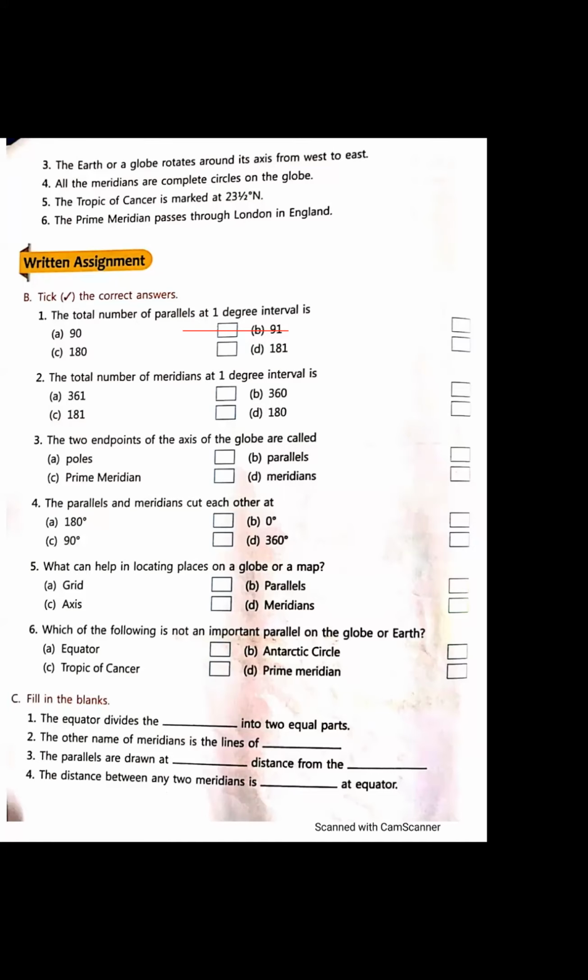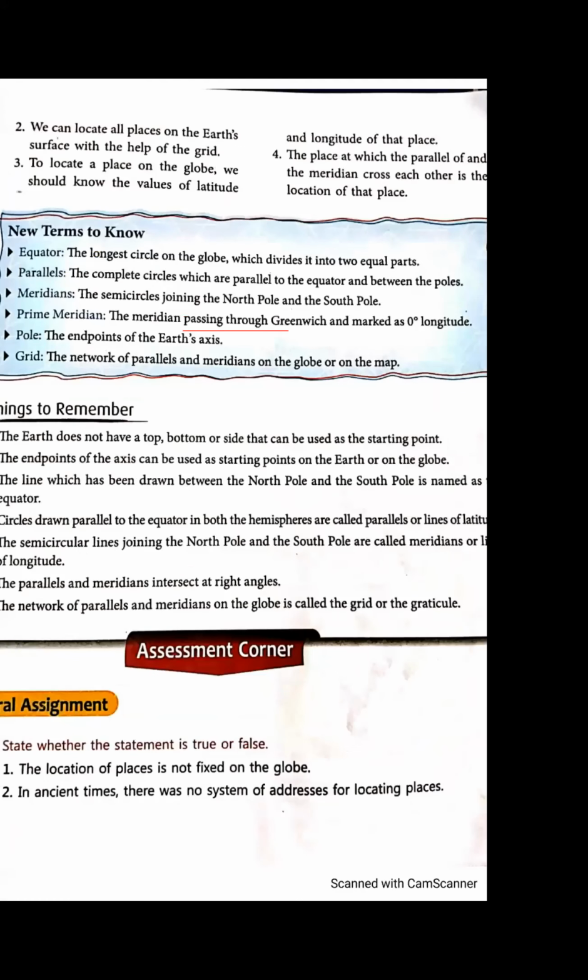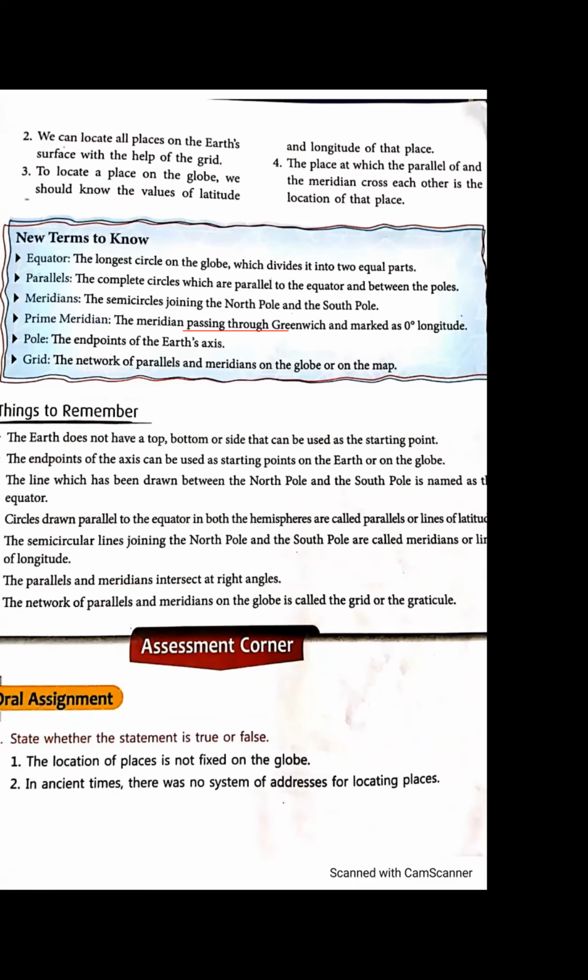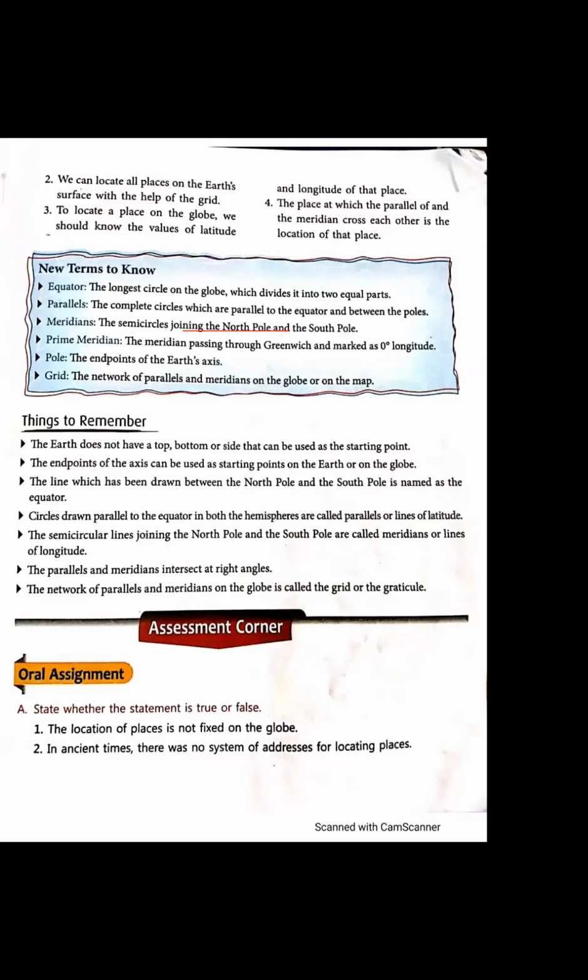Yes. I am repeating this part. The location of places is not fixed on the globe. This is false. In ancient times, there was no system of addresses for locating places. Yes, this is true. Third one, the earth or a globe rotates around its axis from west to east. Yes, this is true.